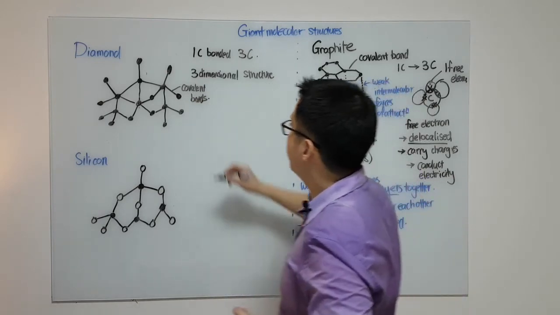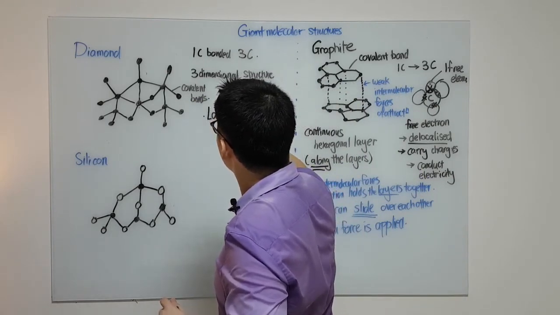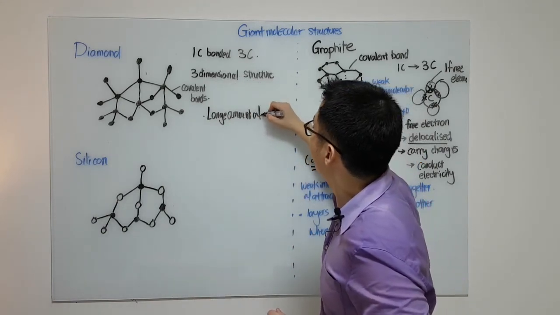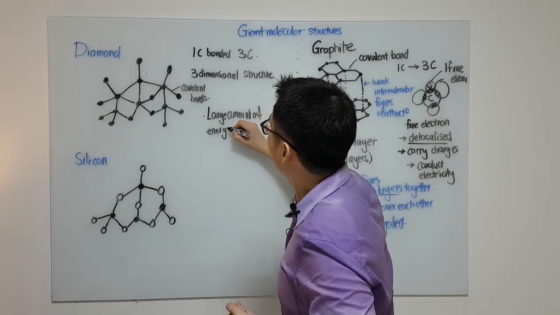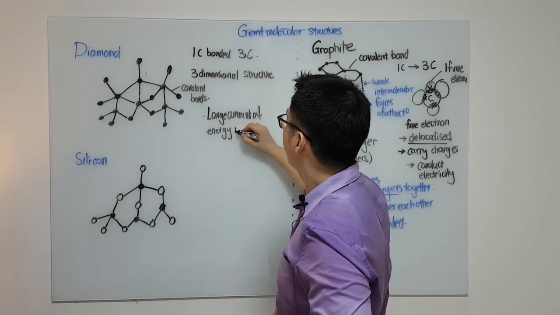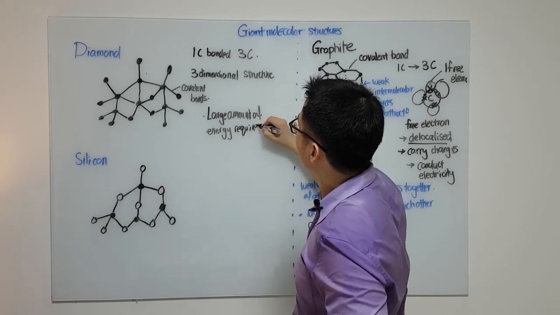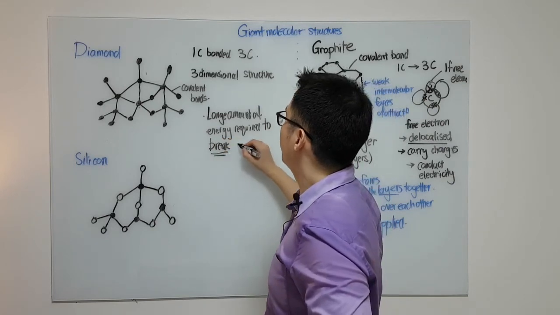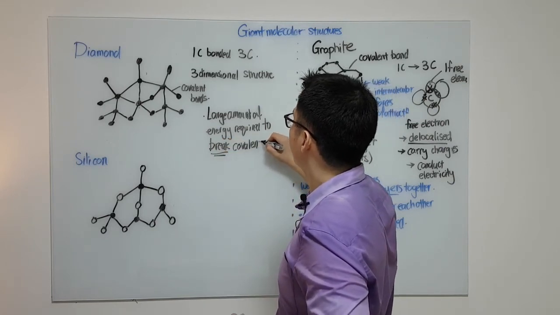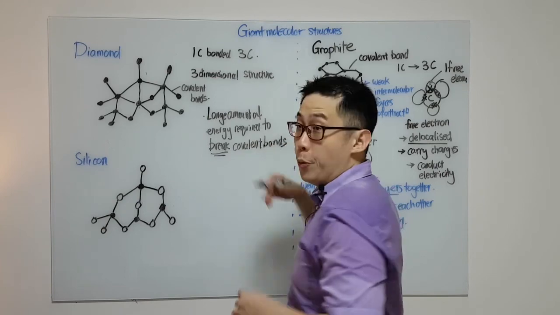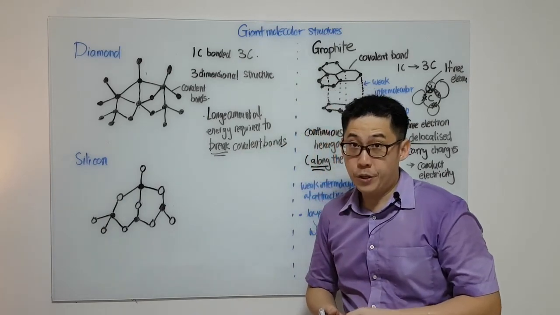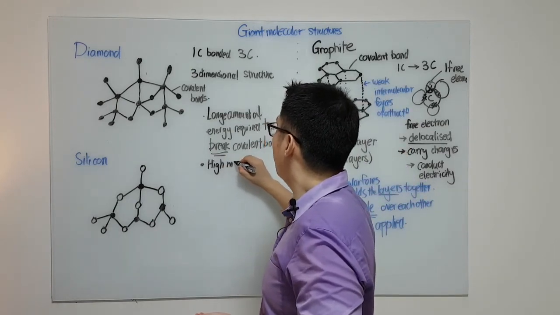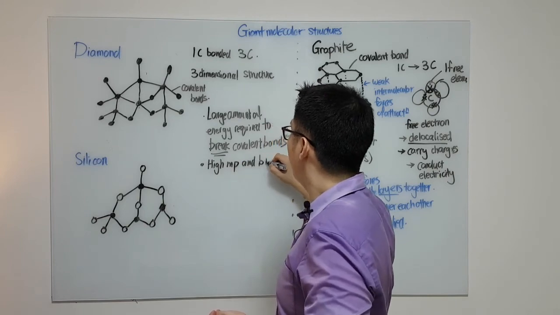So what happens is that a large amount of energy is required to break these strong covalent bonds. So, which basically means that in this case here, you would have a high melting point and boiling point as well.